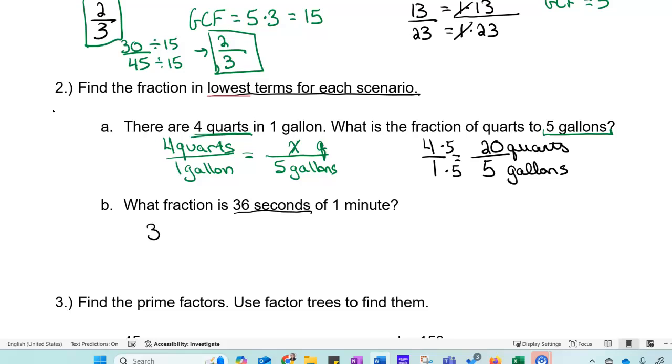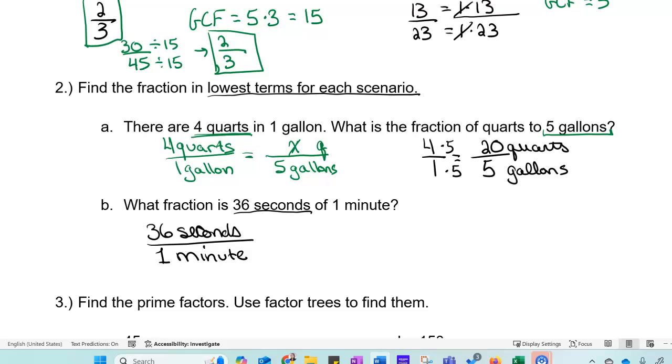So we get 30 seconds per 1 minute. Okay, that's the fraction. We don't have any change in units. We're not going from one amount to another. So that shows the fraction of the 30 seconds to 1 minute.